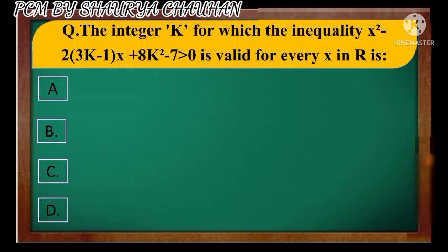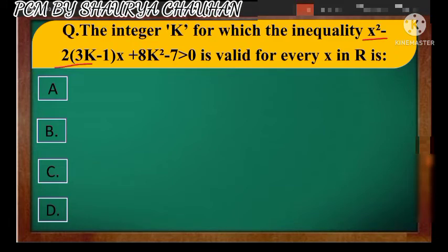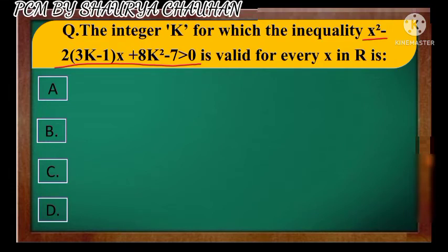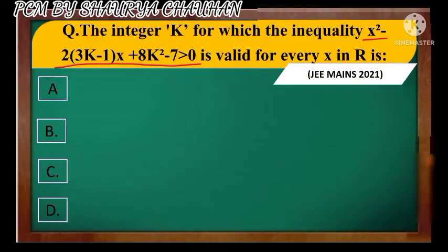So we have to find k, and the information given is that k is an integer for which this inequality is greater than 0 and valid for every real x. This question came in JEE Mains 2021.